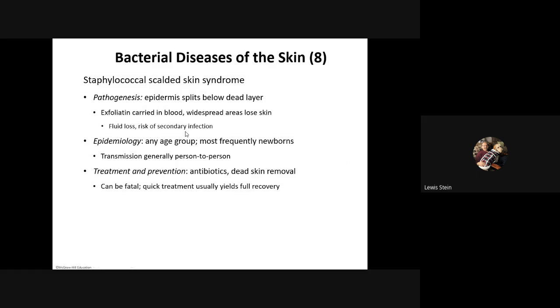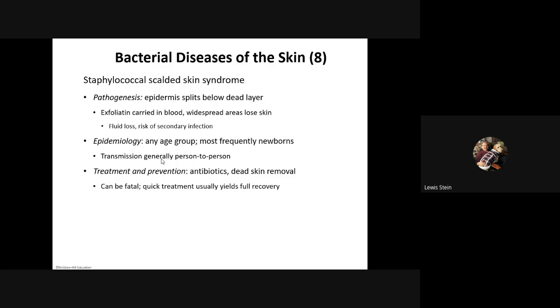That's the same thing when I talk to you about burns and the skin. Many of you in anatomy and physiology, nearly all of you, right? This is what we talked about. The two big problems with burns. Same deal, even though it's caused by a toxin rather than a thermal injury. Most frequently newborns, antibiotics, debridement, which is not fun, can be fatal.